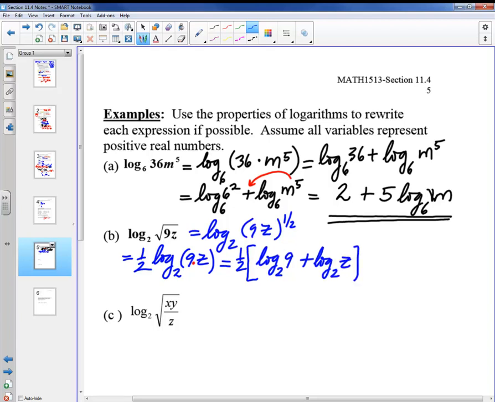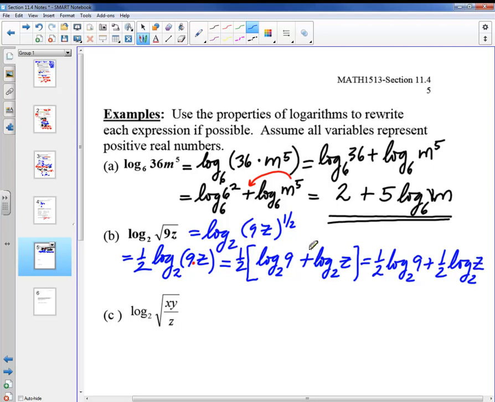And then I'm going to go ahead and distribute the 1/2. You might also look at the 9 and see if you can break it down. I would recommend you distribute the 1/2 now. So you have 1/2 log base 2 of 9 plus 1/2 log base 2 of z.